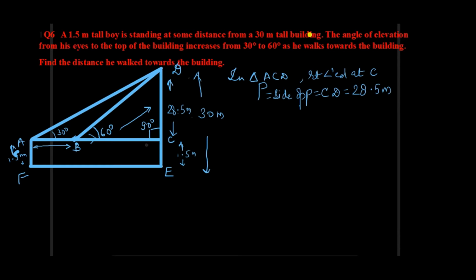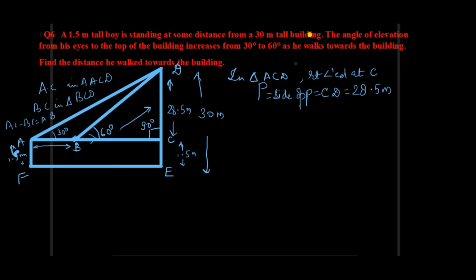So first we'll need to find AC. First we'll find AC in triangle ACD, and then we'll find BC in triangle BCD, and from AC minus BC we'll find AB. So this will be our line of action.